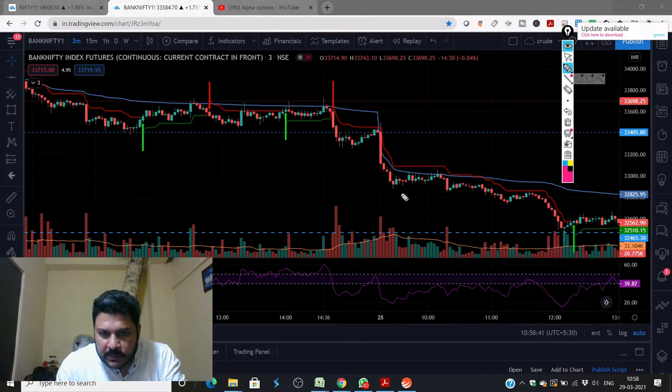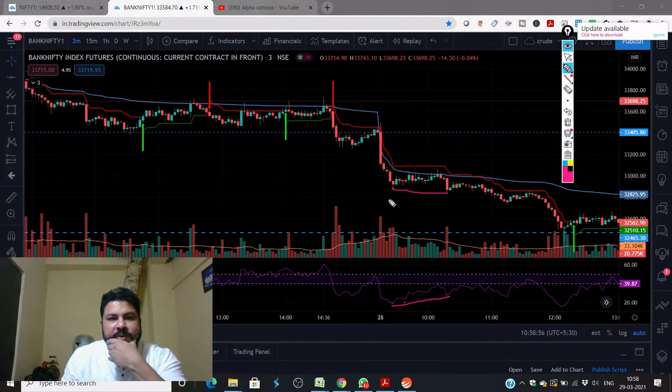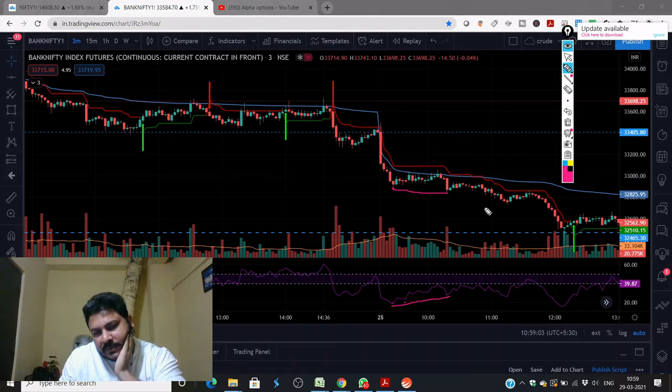This is a clear divergence. You can see this was a low, this was a lower low, right? This was a low, and was this a lower low? No, right? See the divergence. Can you see this? This can actually tell you that there is a divergence in the market.